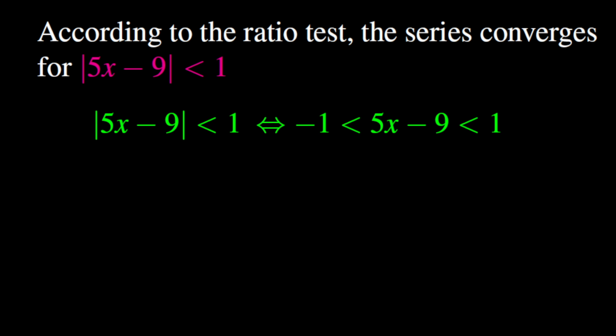According to the ratio test, the series converges if the absolute value of 5x minus 9 is strictly less than 1. This is equivalent to the inequality -1 less than 5x minus 9, and 5x minus 9 less than 1. We add 9 to all sides of the inequality, and obtain a new equivalent inequality, -1 plus 9 less than 5 times x, and 5 times x less than 1 plus 9.